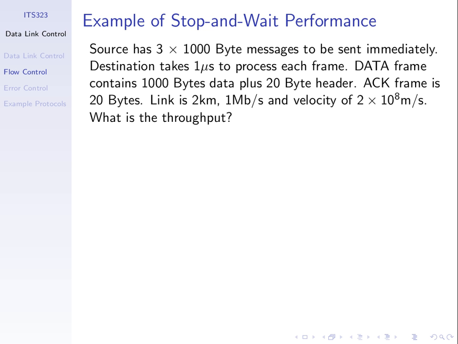Transmission delay of our ACK frame. The data frame was 1,000 bytes of data plus 20 bytes of header, 1,020 bytes or 8,160 bits. The ACK frame is just 20 bytes of header or 160 bits. Transmission delay, 160 bits at 1 million bits per second.